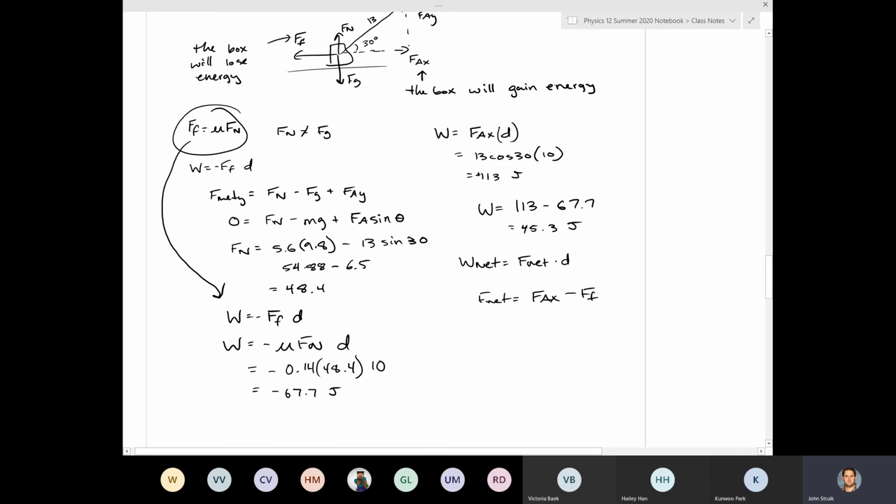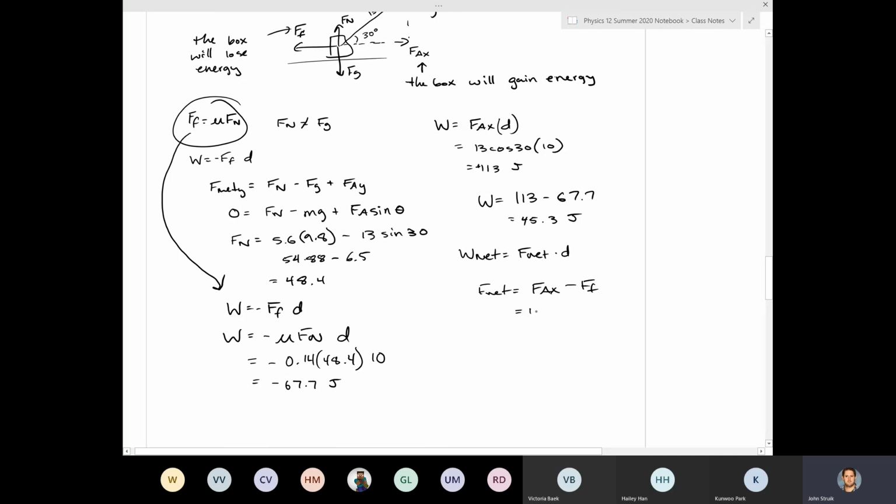So we would just do the exact same thing. It would be 13 cos 30 minus mu Fn, so 0.14 times 48.4. And then we would multiply that by D and get the exact same answer, 45.3.